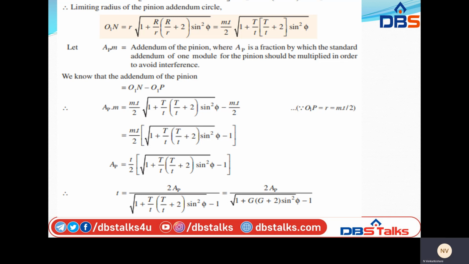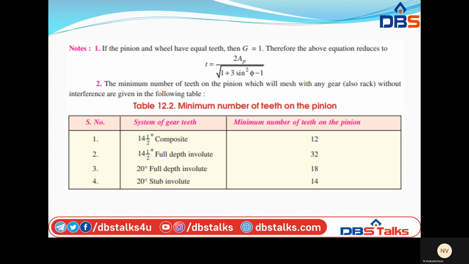Then if the number of teeth on the pinion and the wheel are both the same, then the gear ratio will be 1.